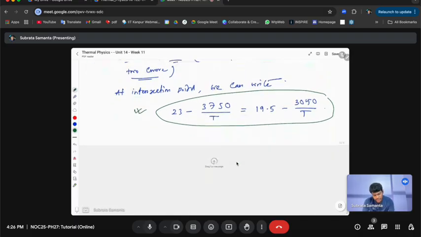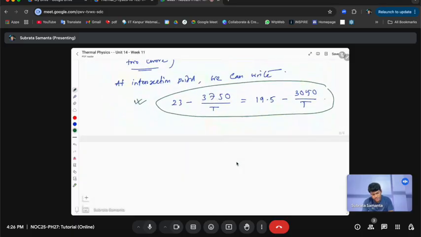The next task is to calculate the temperature. It is easy: 3750 minus 3050 over T equals 23 minus 19.5.